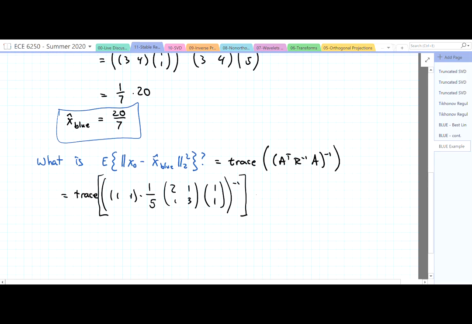So this inside quantity can be simplified rather quickly. Once again, we have a 3 and a 4, so we're going to have 1/5, and then we have 3/4 times [1, 1] is going to be 7. We want to invert that, and it's the trace of a scalar. Life is easy. So 7/5 inverted is going to be equal to 5/7. And that's it. That's our error.